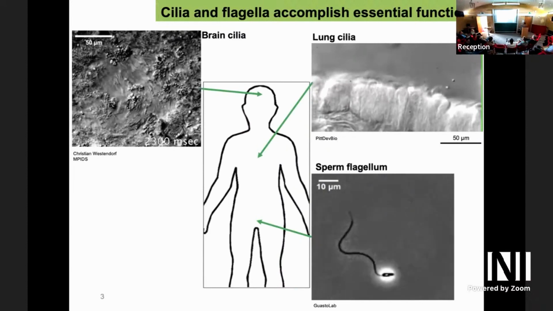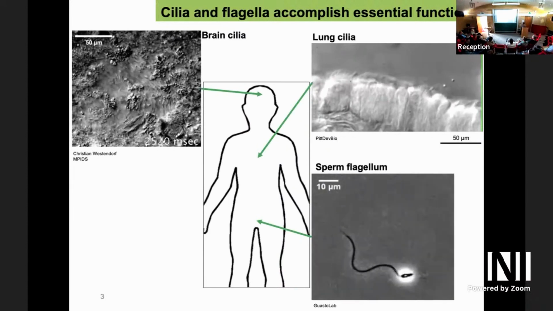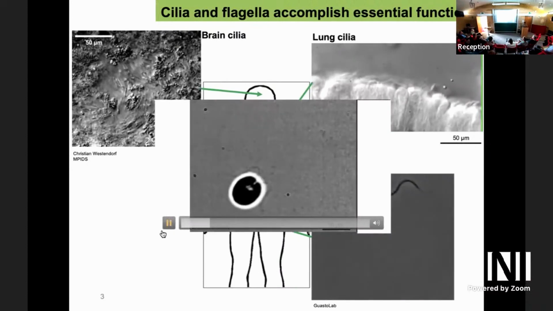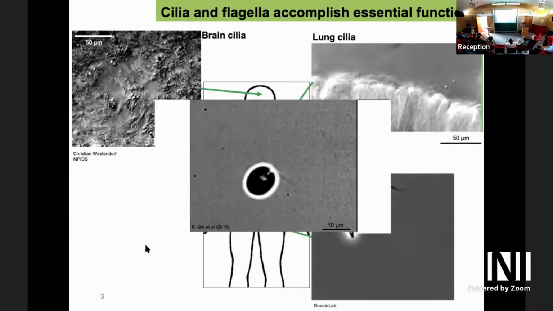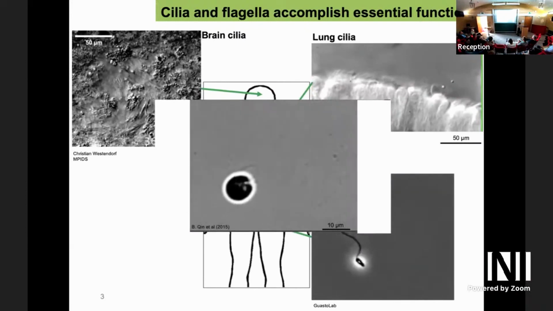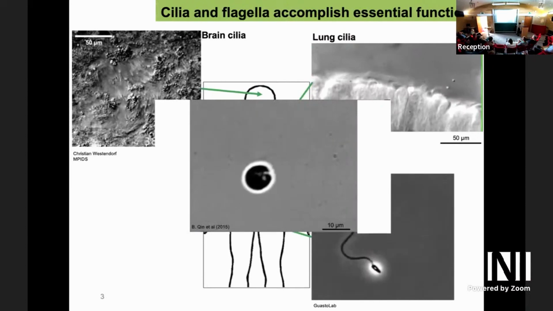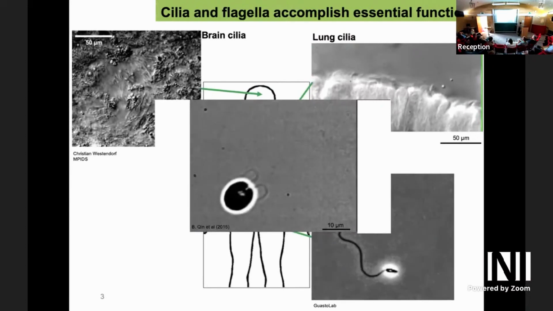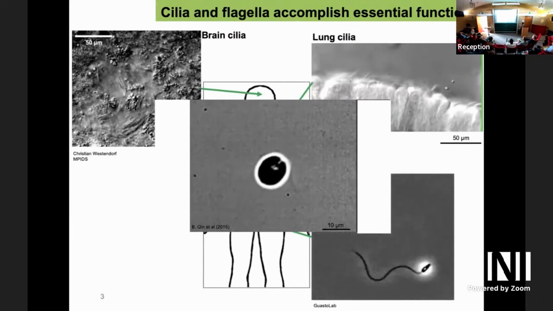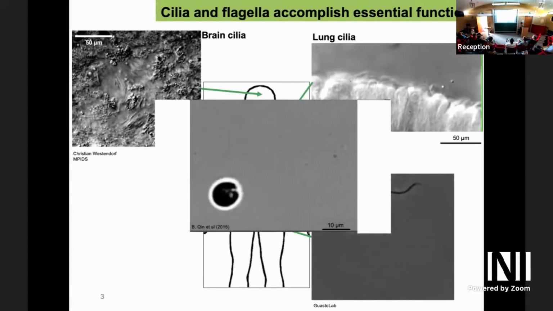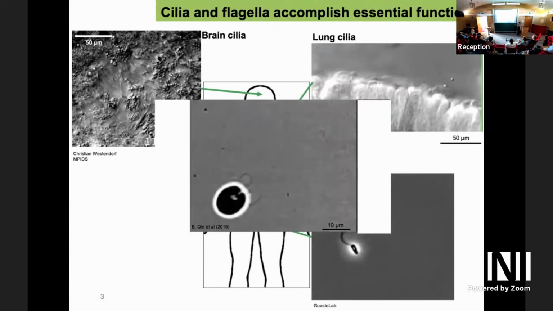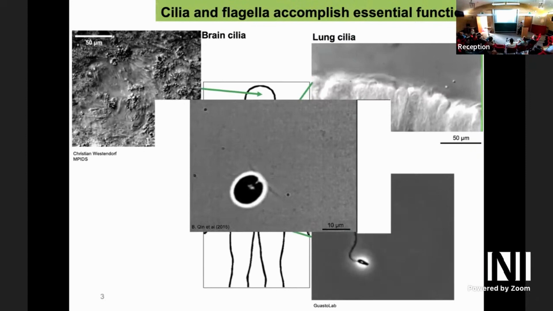Now, this is our example from mammalian cells, but we also have other eukaryotic organisms that have these structures, like this algae called Chlamydomonas, where the flagella are also used to propel in the environment. It is important to know that we have other organisms, because then this one can be used as a model system.